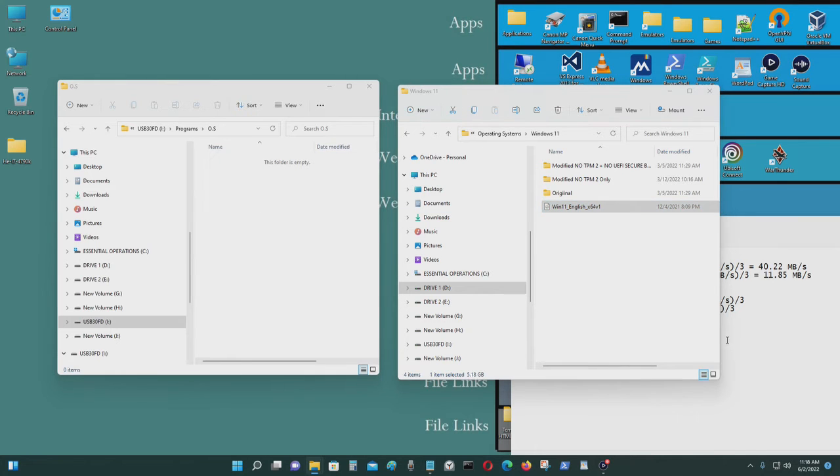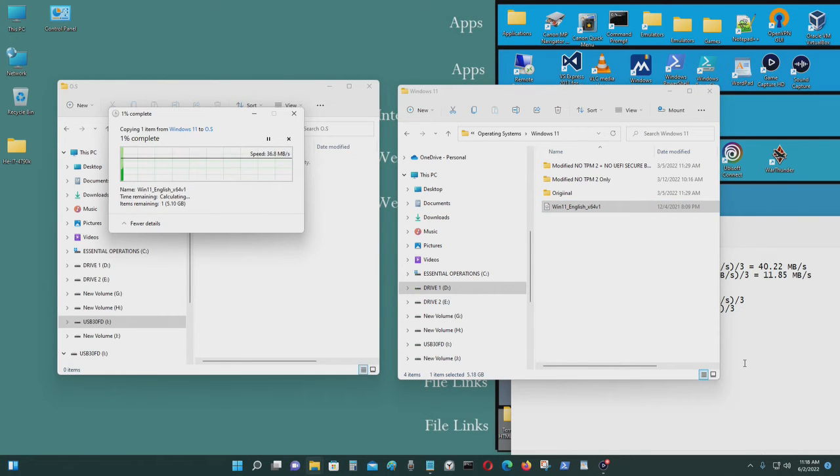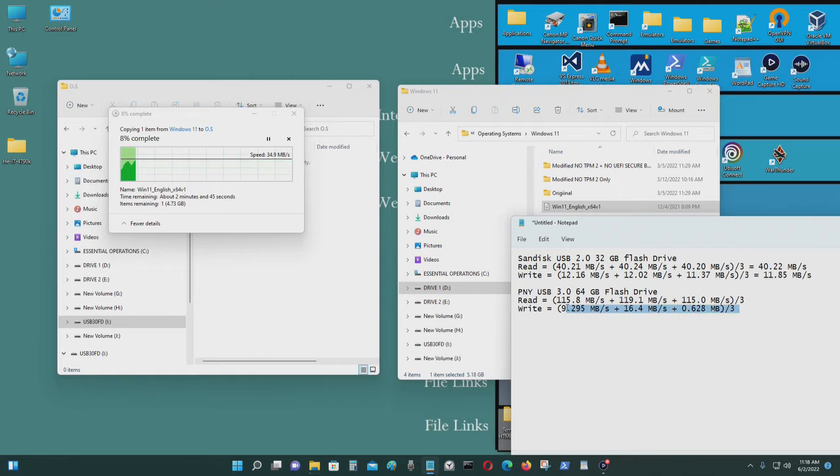Copying this large file on there. Okay, I'm getting about 22 to 30 megabytes per second. I think that's more or less the average, about 32 megabytes per second.